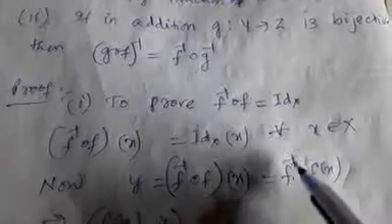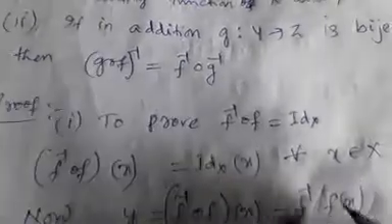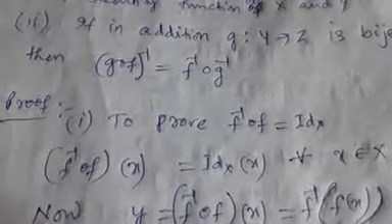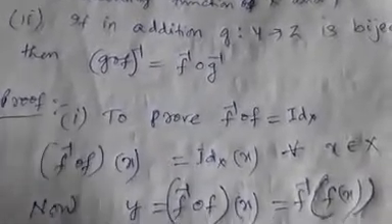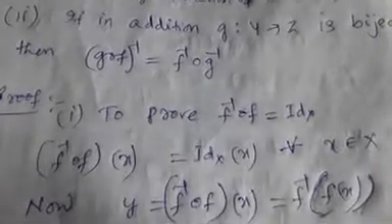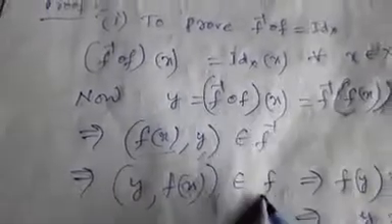Here f of x, this is y; you put f of x, you got y, that belongs to f inverse. So you put y, you got f of x, that belongs to f.